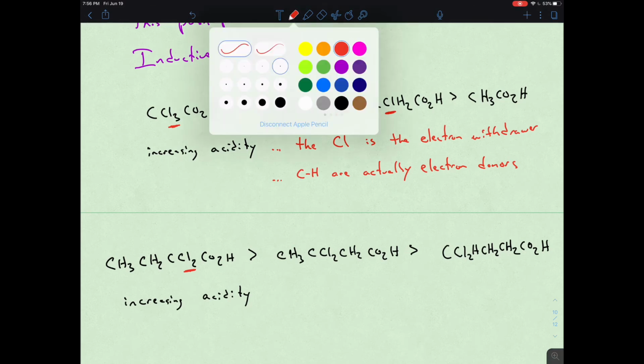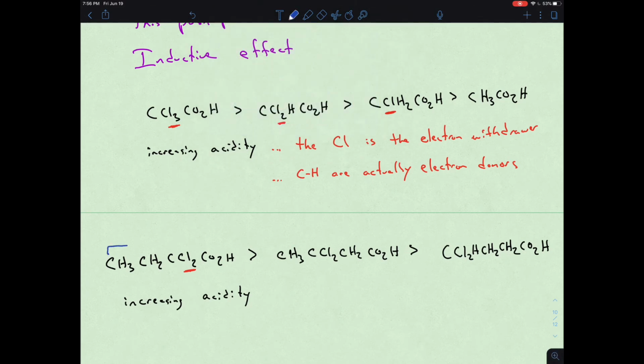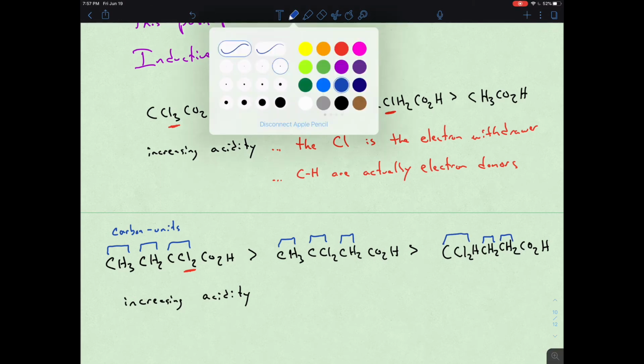If we break these carbon units down, we can get a sense of proximity of the chlorines, or of the electron withdrawers, to the actual CO2H. And so the closer they are, the more of an effect they actually have.